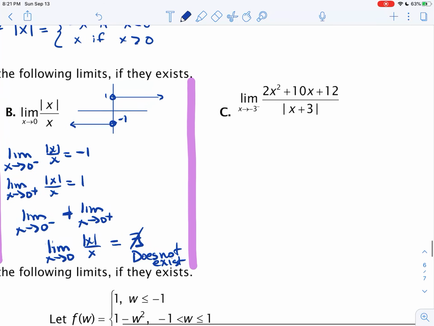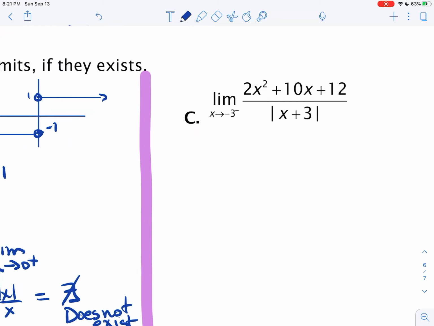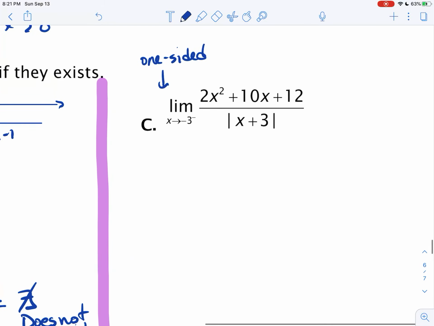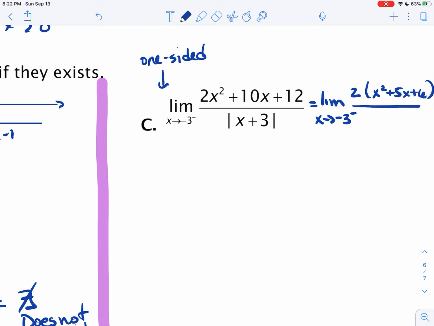All right, so if I were to plug in, this one actually is a left-handed limit. This is a one-sided limit, so we only have to concern ourselves with values from the left. And I see, looking at this expression, I can factor out a 2 from the numerator, and I get 2 times x squared plus 5x plus 6, over the absolute value of x plus 3.